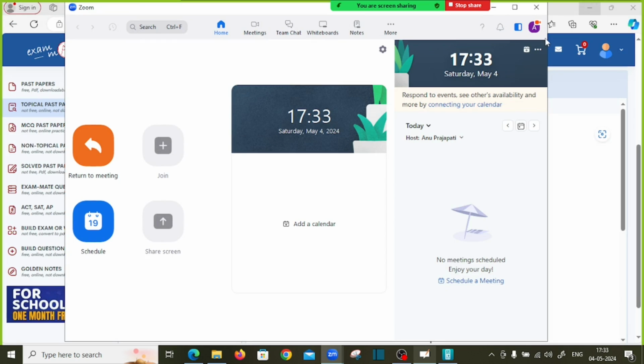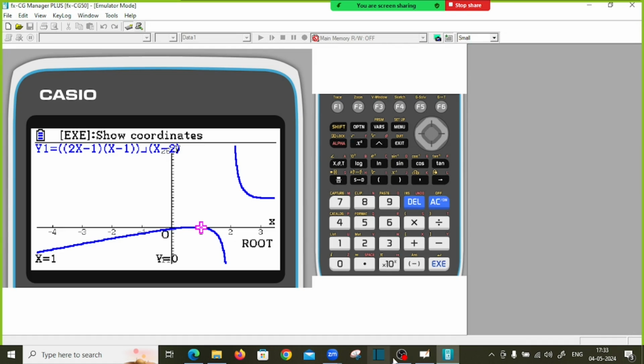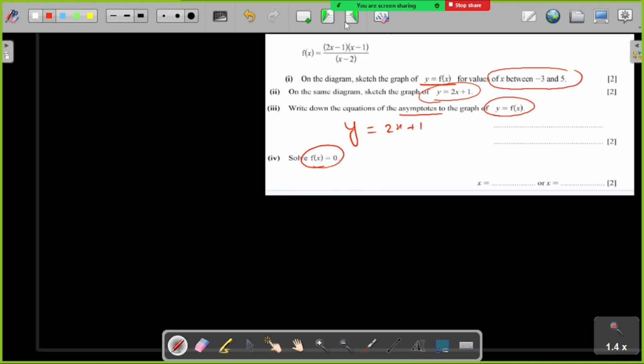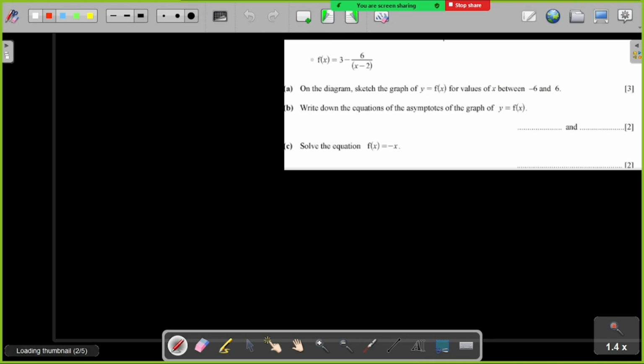Let us see the next question. Similarly, see the next question. We have f(x) equals 3 minus 6 upon x minus 2.